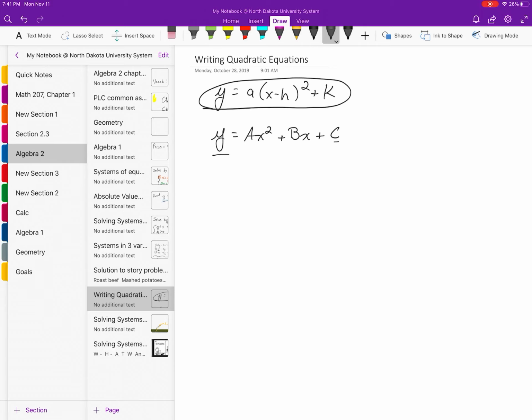Let's say, for instance, we don't have the vertex of a particular parabola, but we know these points are on that parabola: (0, 0), (1, -2), and (-1, -4). How can we write an equation for this particular quadratic?